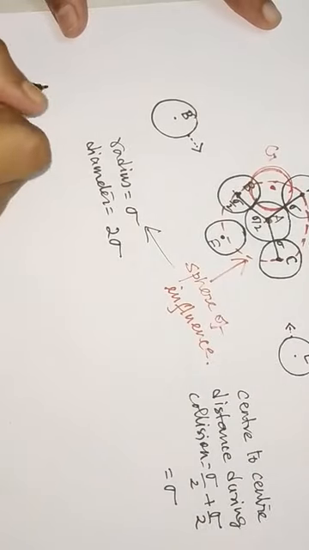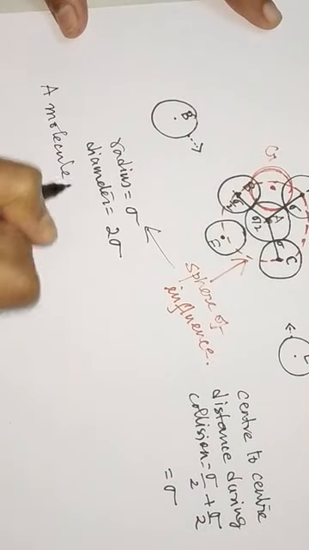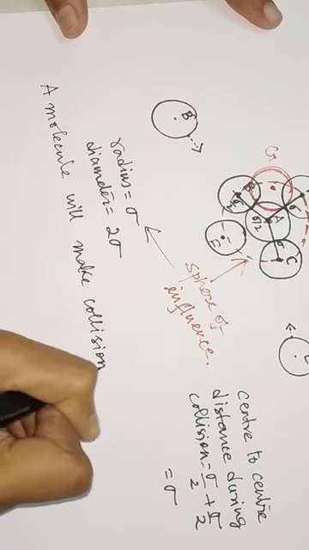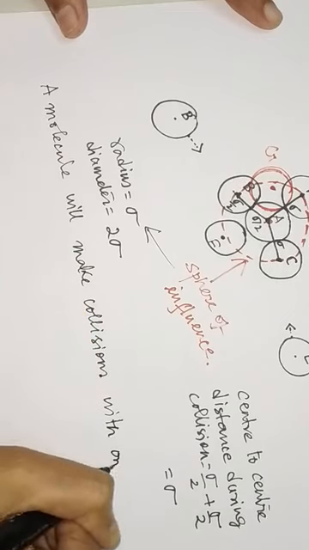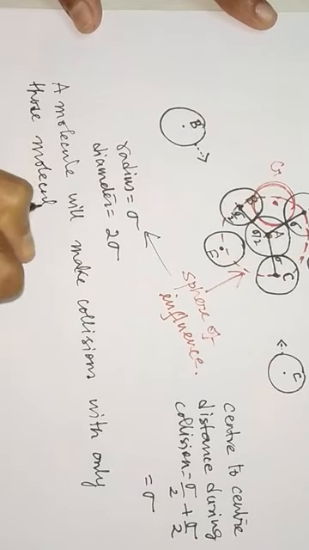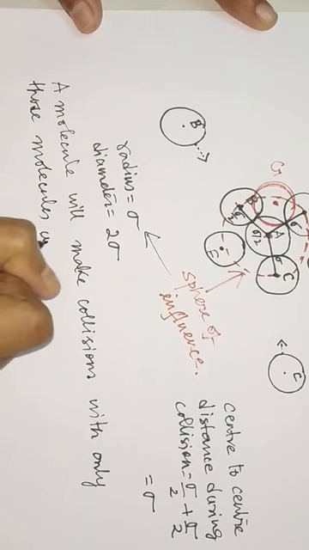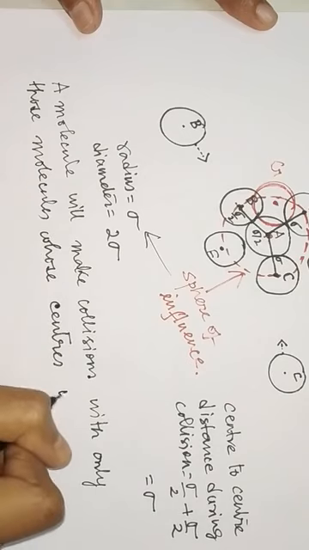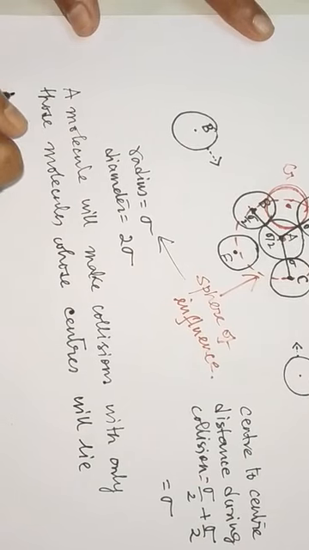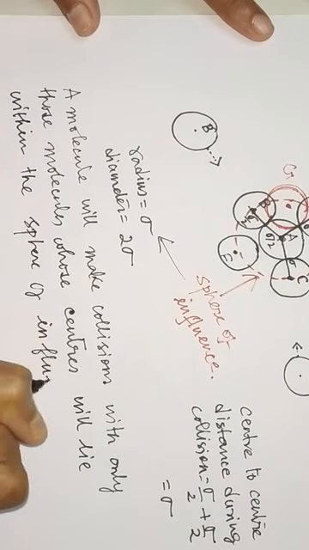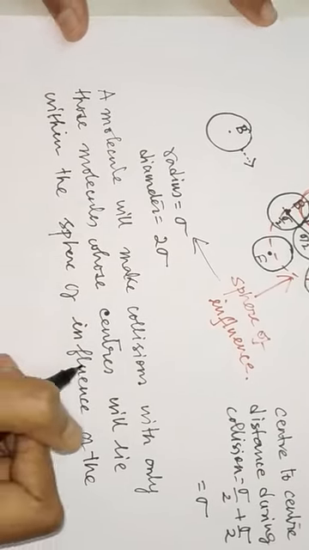So we can say that a molecule will make collisions with only those molecules whose centers lie within the sphere of influence of the first molecule.